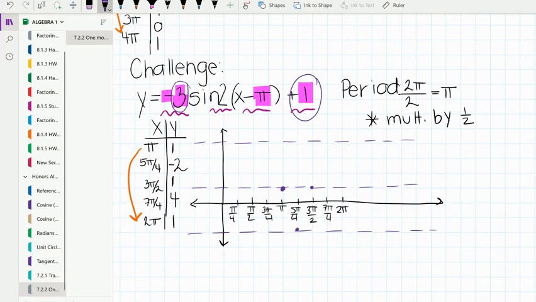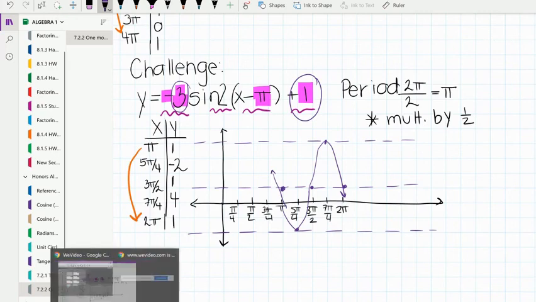Okay, 7 pi over 4 is 4, and then 2 pi is 1. So it's going to look something like that. So we can see that it completes the cycle twice as fast, and it has an amplitude of 3. It's flipped over, we moved it to the right pi, and we moved it up 1. So that is your second video on transformations of trig functions.